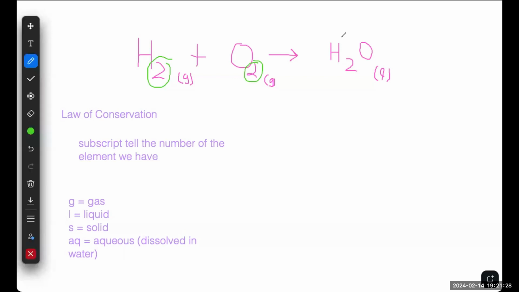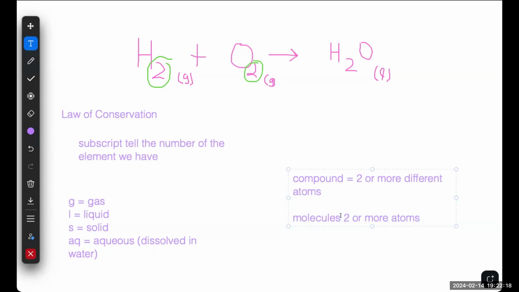We can also call it a molecule. A molecule is two or more atoms.